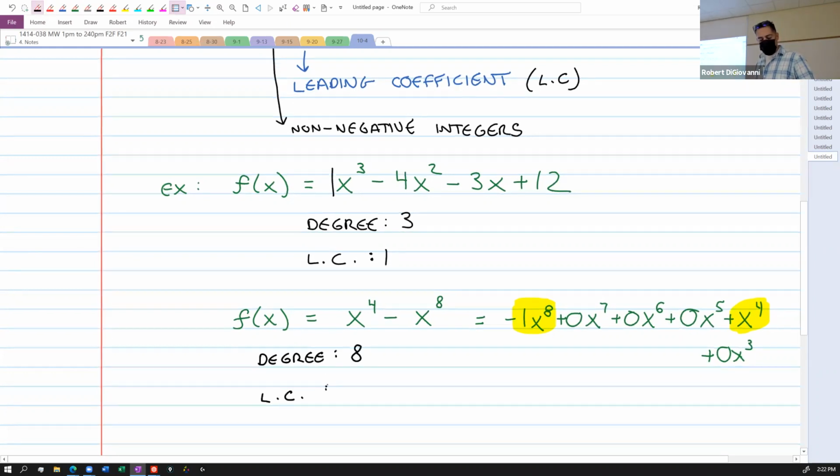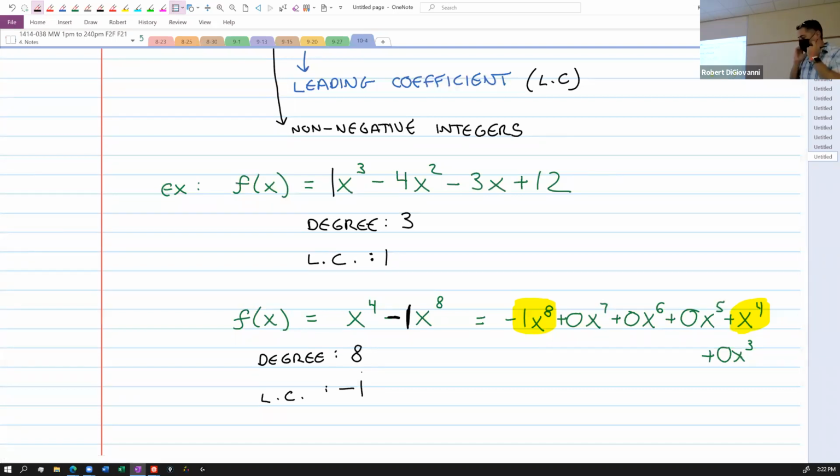And the leading coefficient is the number in front of the highest power, which is that -1, right? -1. All right, so if I give you a polynomial function, you could find the degree and leading coefficient pretty easily. That usually doesn't require a lot of work, just looking at it.